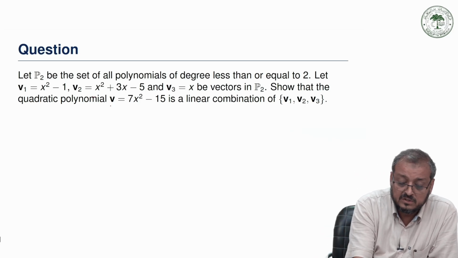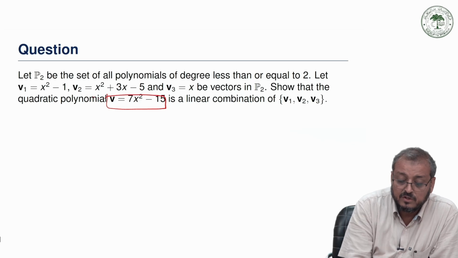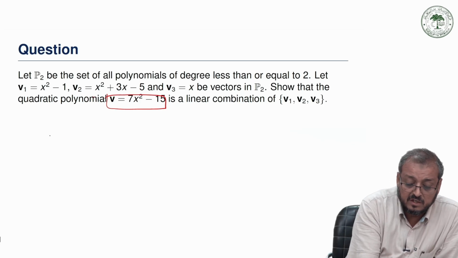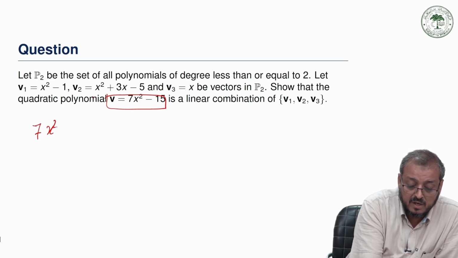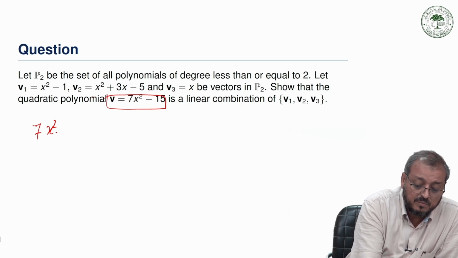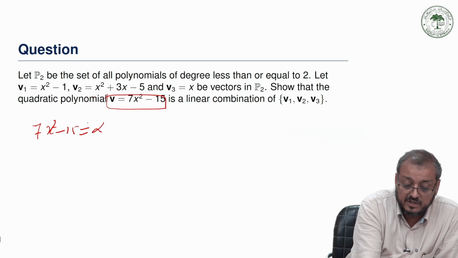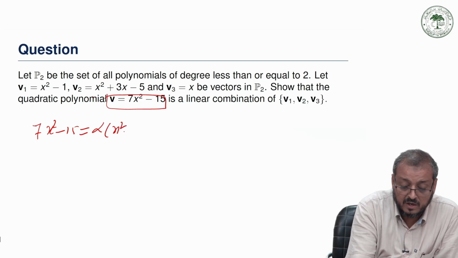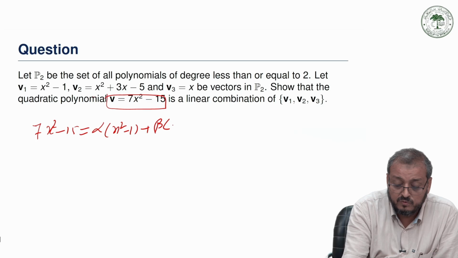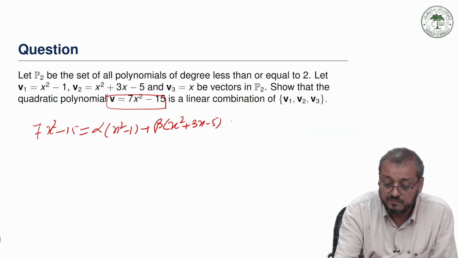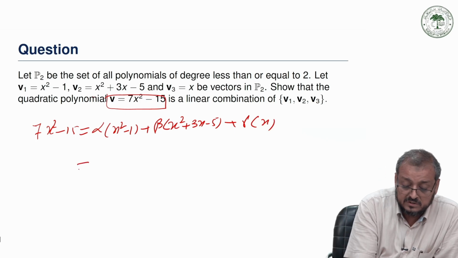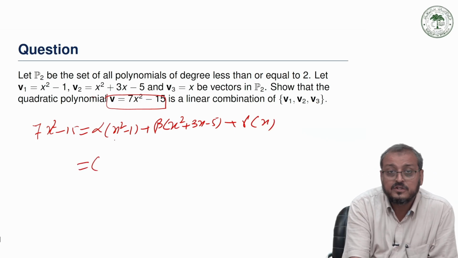Then this polynomial is a linear combination of these. So we have 7x square minus 15, which can be written as alpha times v1, equal to x square minus 1, plus beta times v2, x square plus 3x minus 5, and plus gamma times v3, which is x.